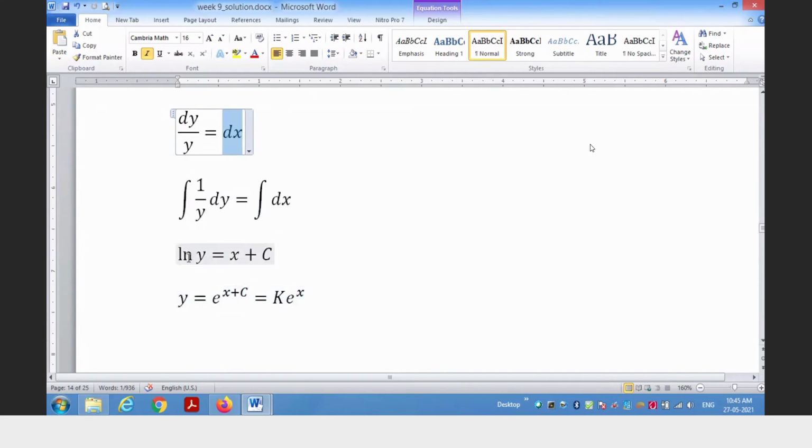Now we simplify this. You use the property of exponents. So e to the ln y becomes y. So y equals e to the power of x plus c, which becomes e to the power of x times e to the power of c.